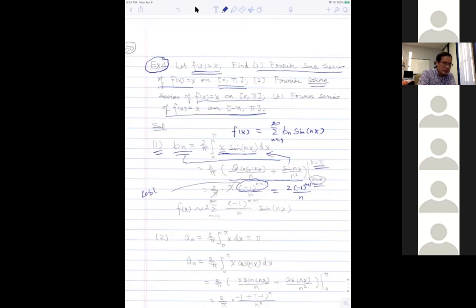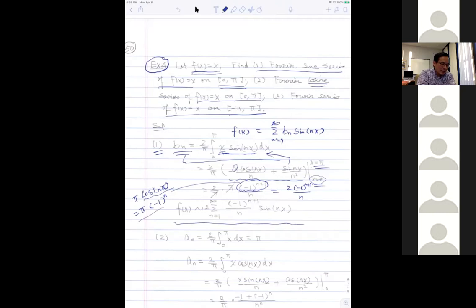But when x is pi, we get pi cosine n pi. What is cosine n pi? Negative 1 to the n. Yep. When n is even, it is 1. When n is odd, it is negative 1. That is why we have this formula here, so that is how this negative 1 to the n plus 1 comes about. Okay, so then we instantly obtain this formula.